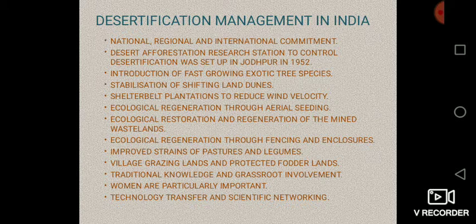Traditional knowledge and grassroots involvement is very important, and women are particularly important in this area because they play a vital role as they are much more related to nature. Technology transfer and scientific networking should also be incorporated.